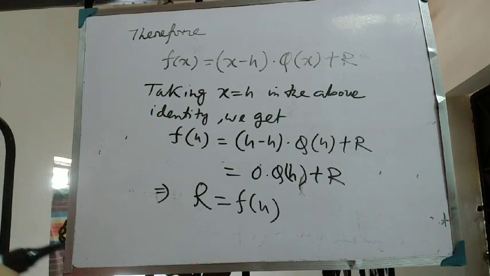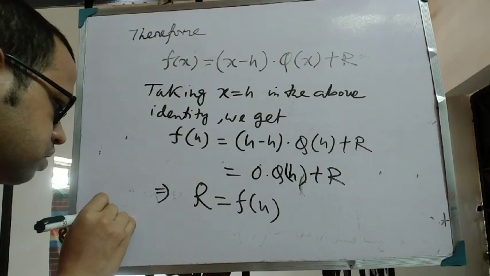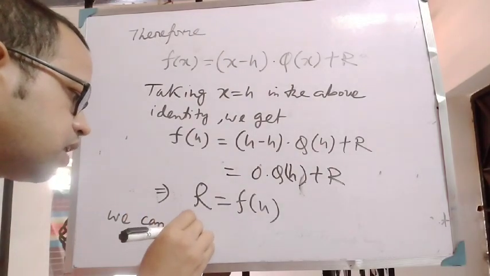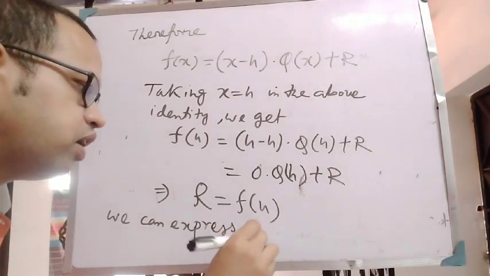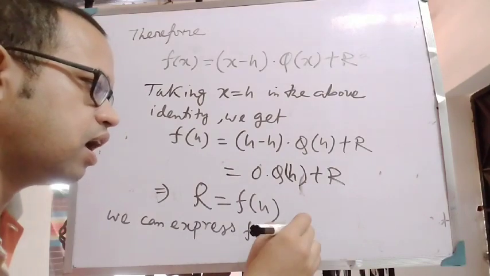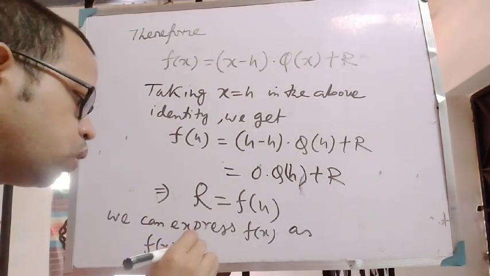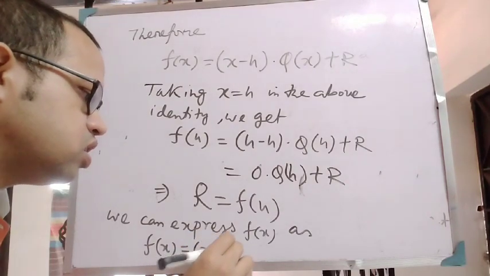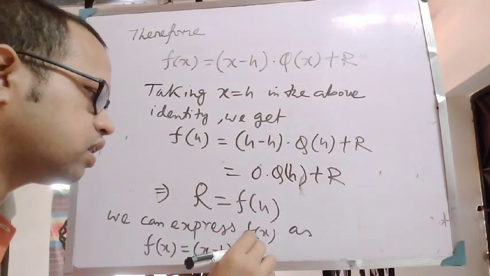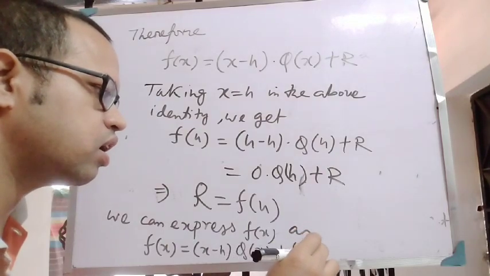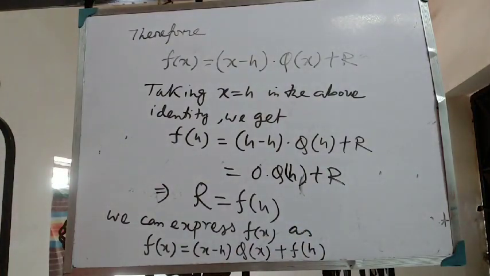But I am writing an additional line, so you can express f(x) as f(x) equals (x minus h) into q(x) plus, instead of writing r, you can write f(h).